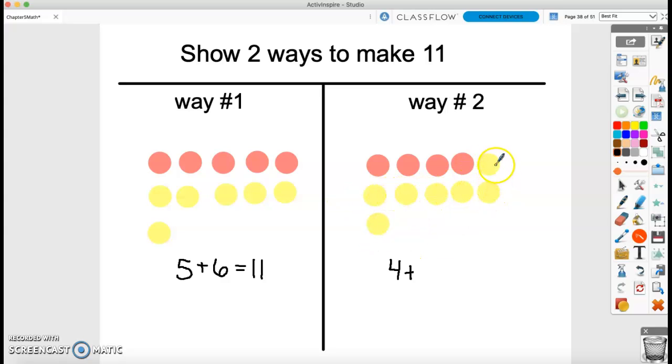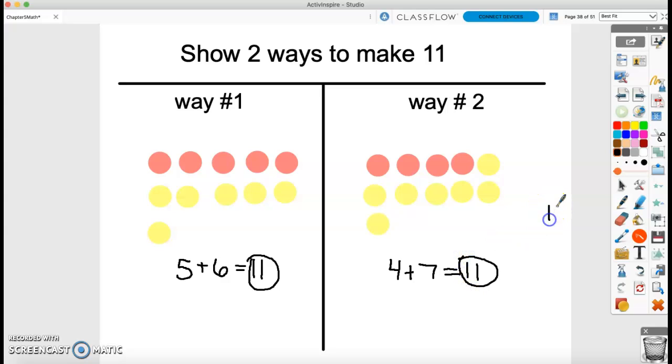So 5, 6, 7. So 4 plus 7 also equals 11. So they both are equal to the same number, but there's 2 different ways to make it.